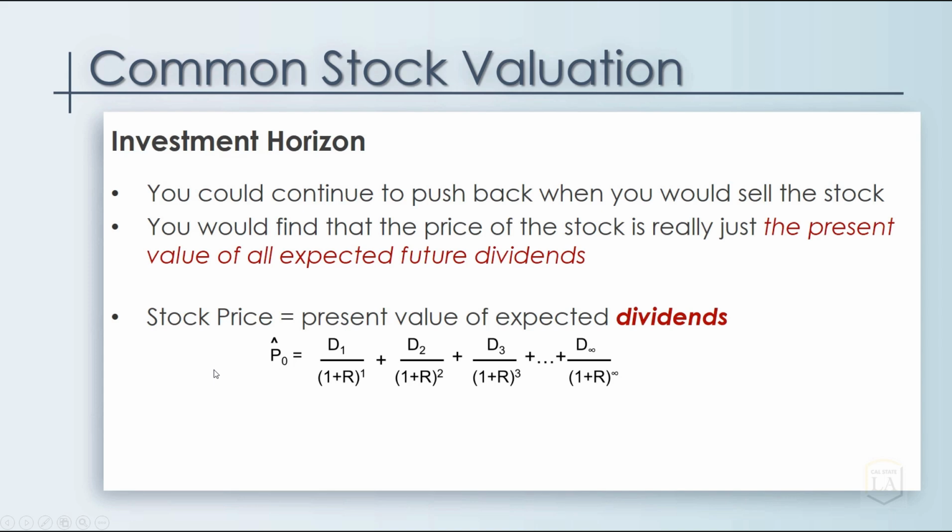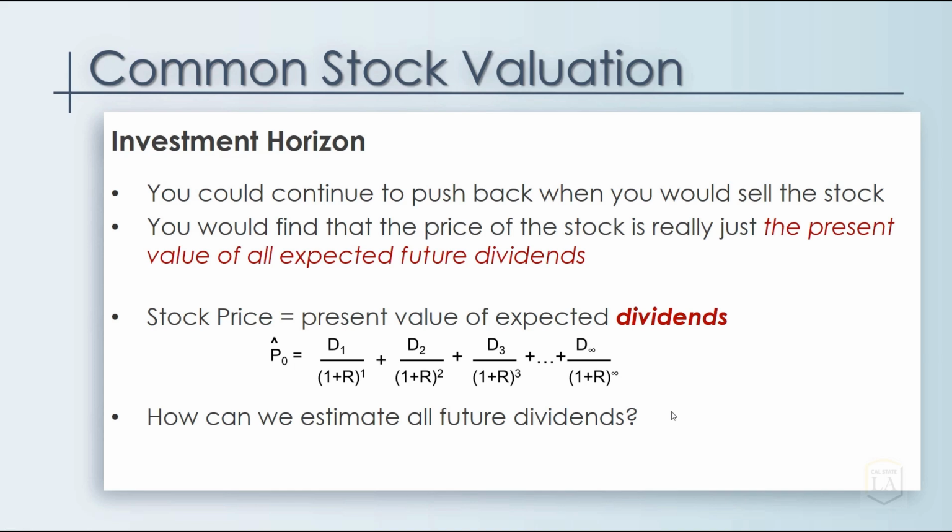So the first question would be, how can we estimate all future dividends then? That's why the cash flow being equal to dividend was the first ingredient of stock valuation. Given so, how would we be able to estimate all future dividends?